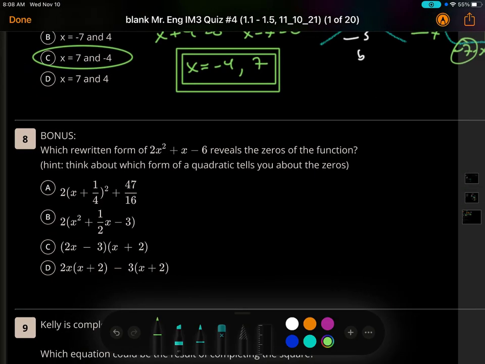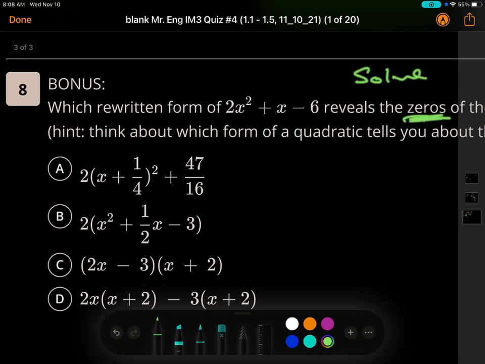Okay, this is not a bonus. It's just a question. Which rewritten form of 2x squared plus x minus 6 reveals the zeros of the function? Go through each of these and you can tell the forms. So this one has one set of parentheses. This is called vertex form.